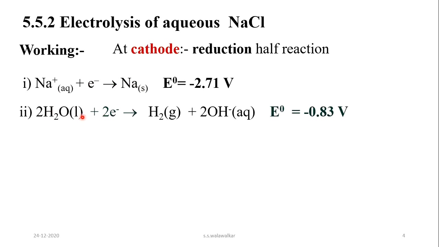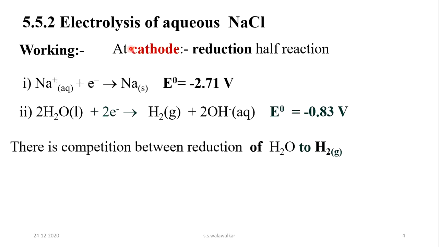These hydrogen ions from water accept electrons and form hydrogen gas and 2 OH ions. So two reduction reactions take place at the cathode, and there is a competition between them: reduction of water to hydrogen, and reduction of sodium ion to sodium metal.